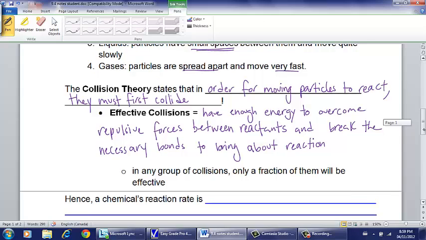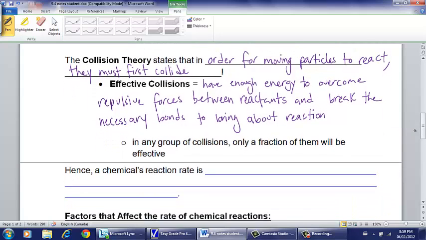So in any group of collisions, only a fraction of them will be effective. So now we can say that a chemical's reaction rate is determined by the number of effective collisions that occur in a given amount of time.